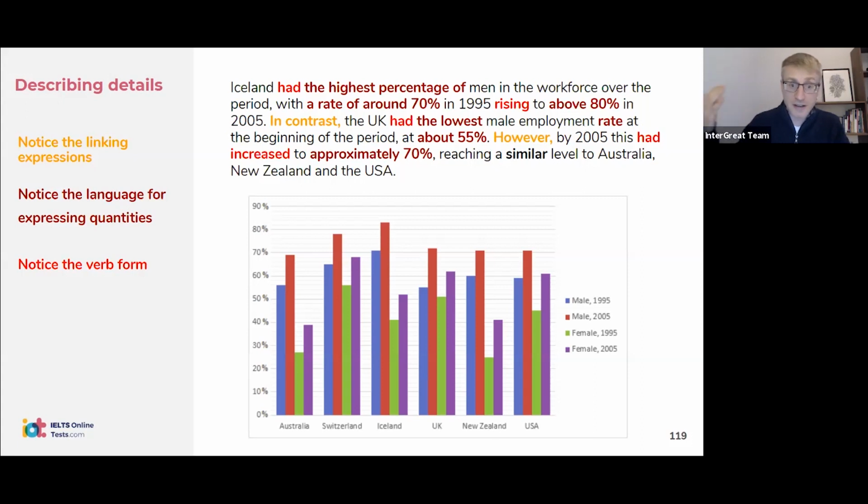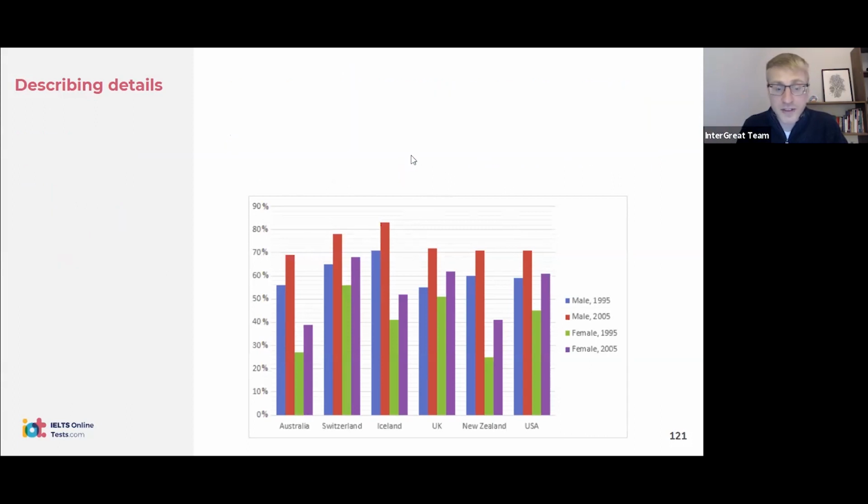The later time we can describe using had increased, okay? Before the later time. Now, we've also got the extra verb, ing there, reaching a similar level. Okay, excellent, guys. So, those are our verb forms there.